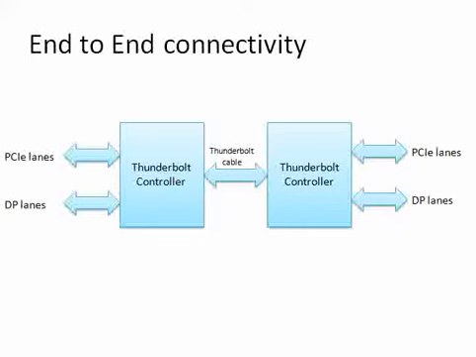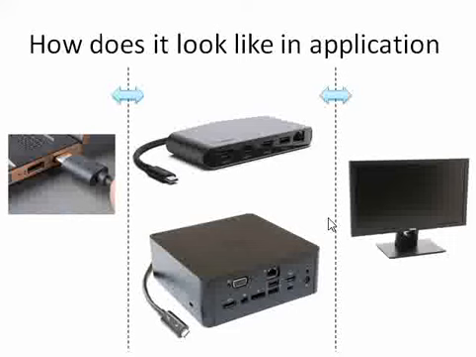And if we see a real-world application, this is how it looks. On the left, we have USB 3.0, or basically the Thunderbolt connector, connected to a laptop, and then this is the docking station in the middle.